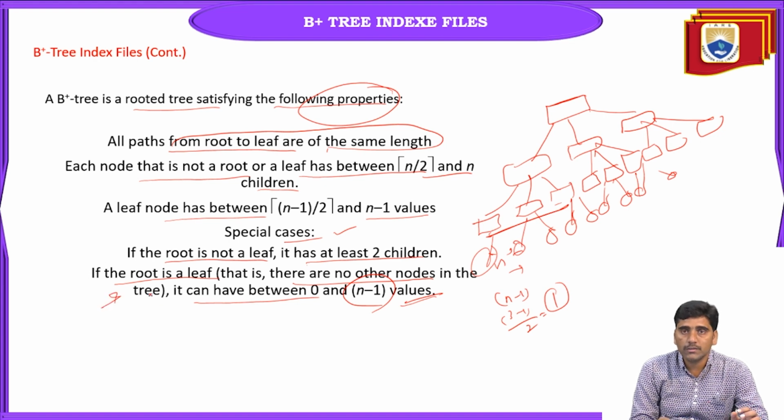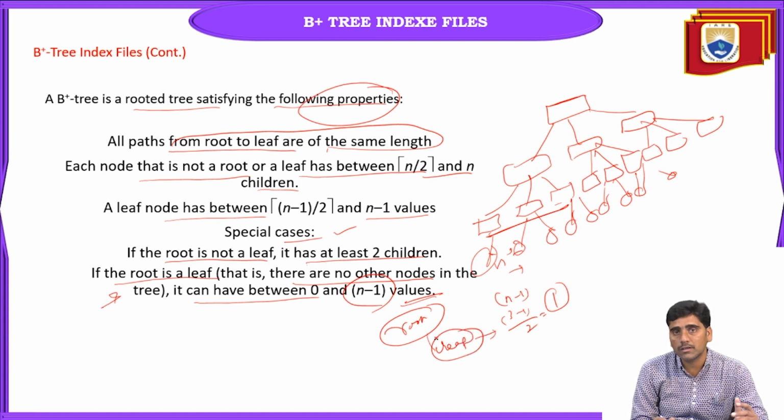This condition is only for when the root is a leaf, that is, the root is only one node which also acts as a leaf node. In that condition, there are no other nodes in the tree.